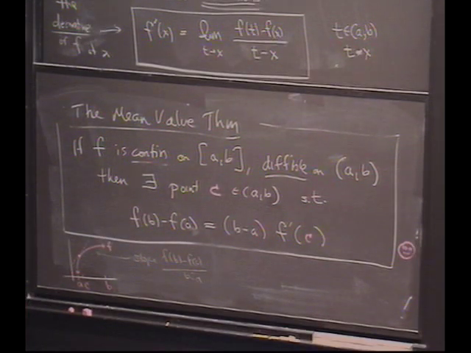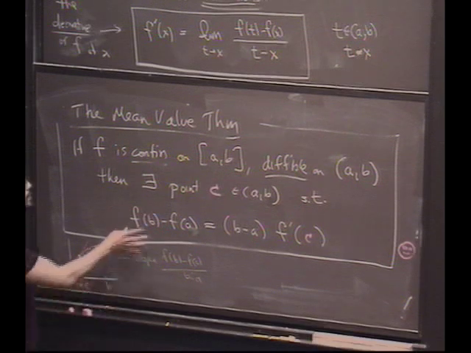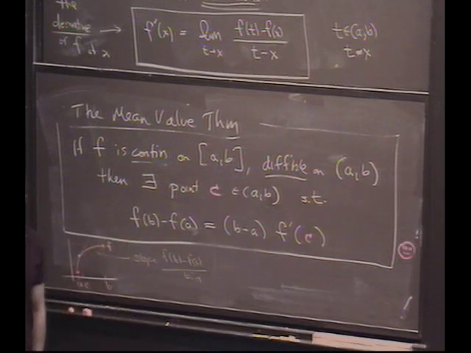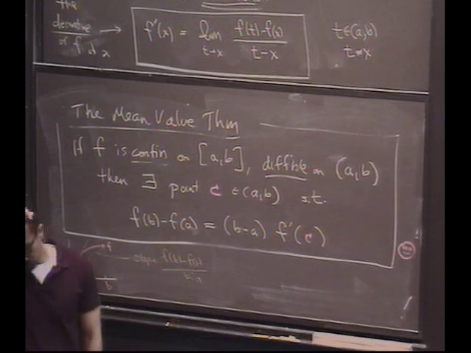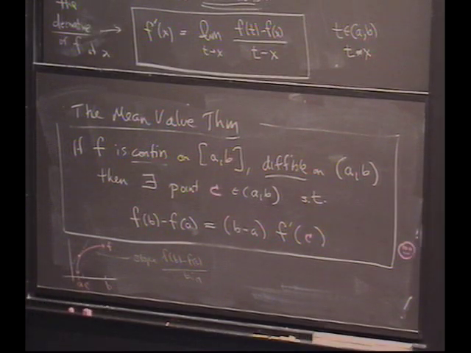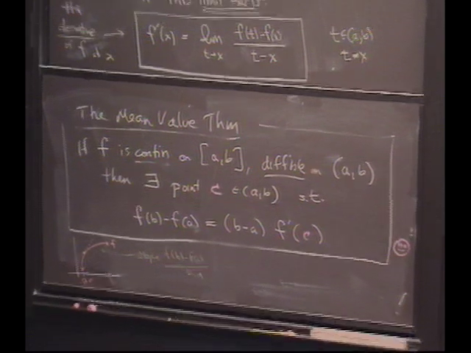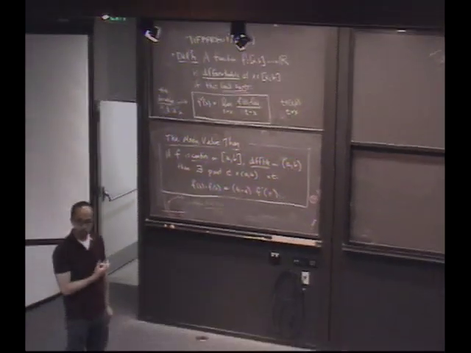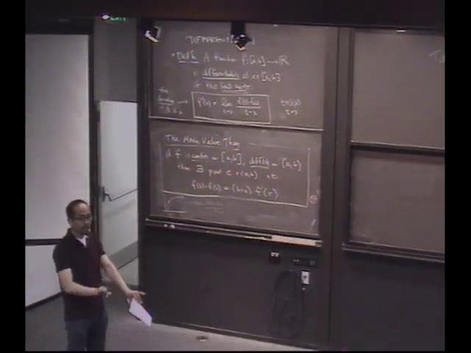Okay, so let's see. What's the big deal with this theorem? Well, here's the big deal. This is really the only theorem we have that connects the value of the function to the value of the derivative without involving limits.